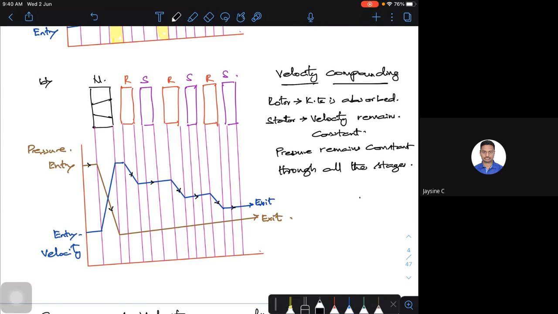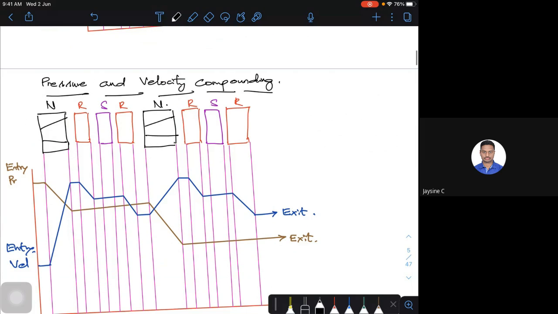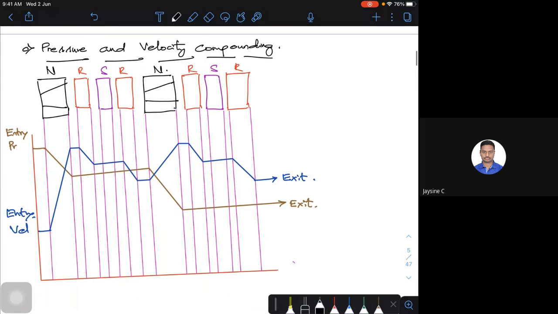Now if I'm able to do this in a couple of stages, in such a way that I do velocity compounding for a few stages, and pressure compounding for a few stages, it becomes a mixture of both, and that is your third one, called pressure velocity compounding. The same activity, look at this.